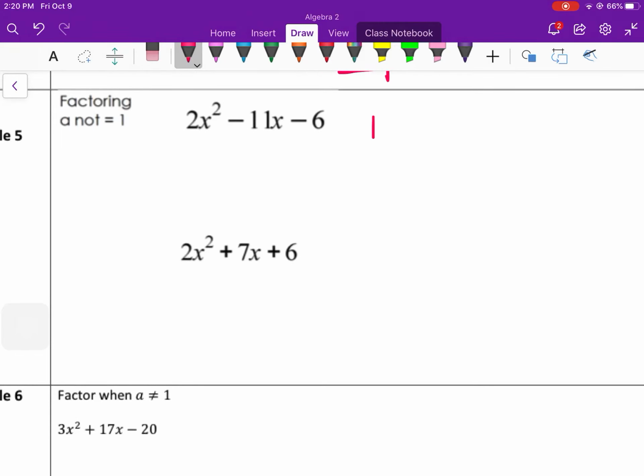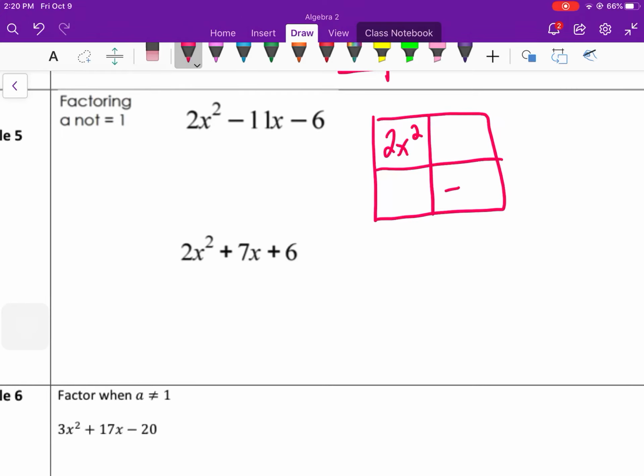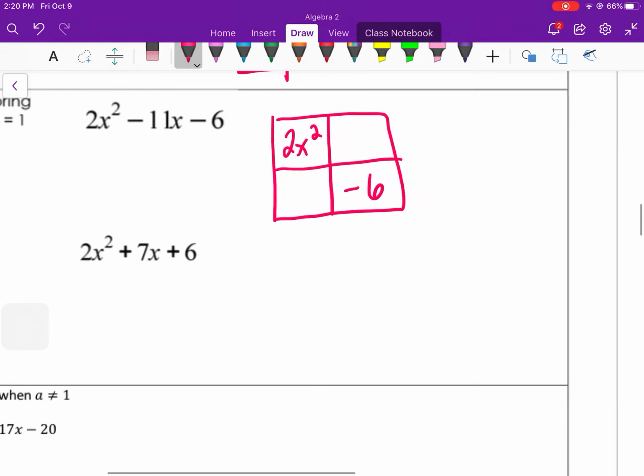Okay, to do this one, using the box now, a is not equal to 1, so it's a little bit trickier. You put your first term here, 2x squared, and then you put the last term here, negative 6. Now, since you have a 2 and a negative 6, you multiply those together. So 2 times negative 6 is negative 12.